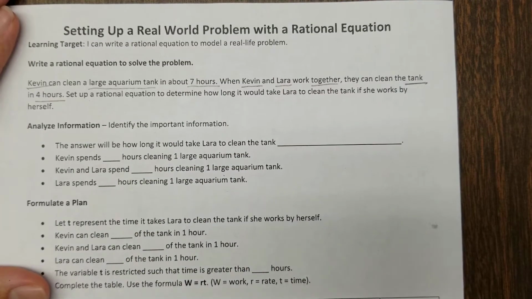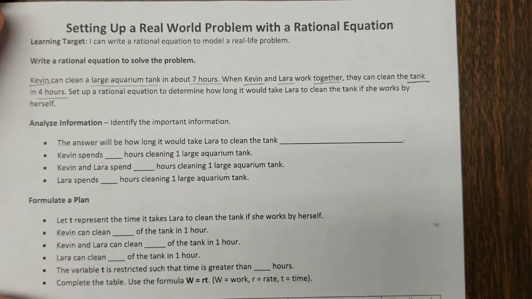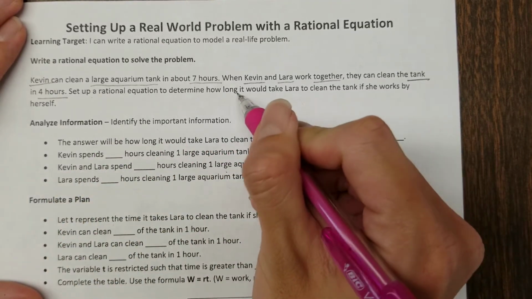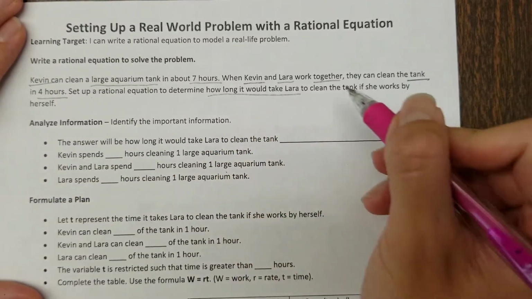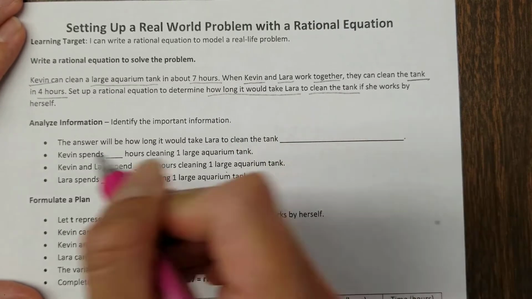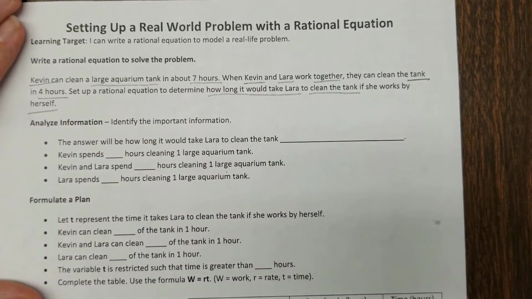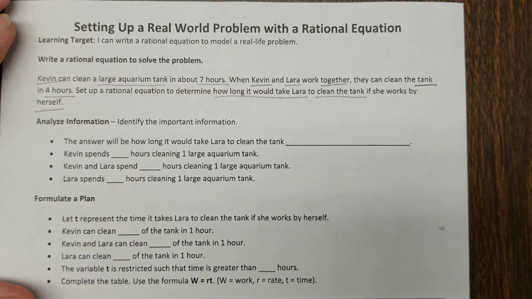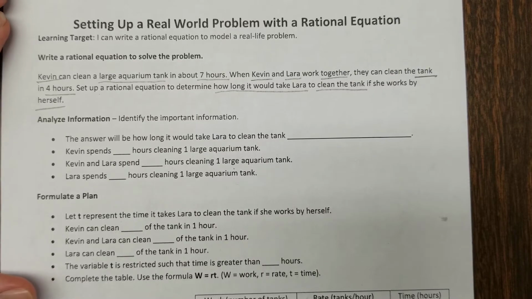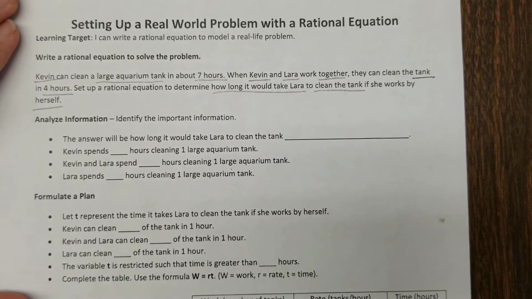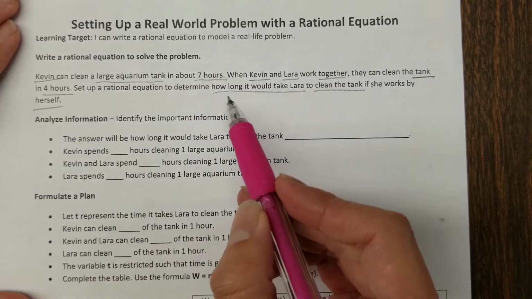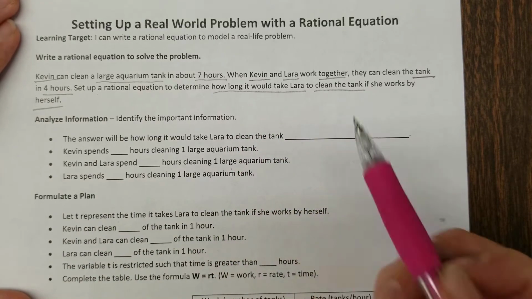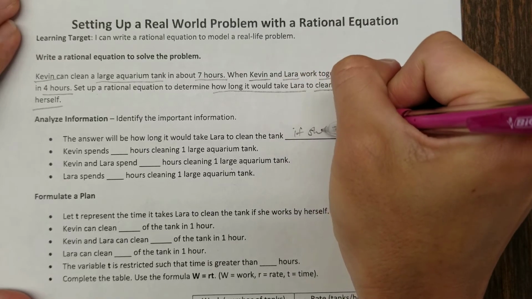Set up a rational equation to determine how long it would take Lara to clean the tank if she works by herself. So we're trying to figure out how long it would take Lara to clean one tank by herself. I tried to scaffold it as much as I could for you.